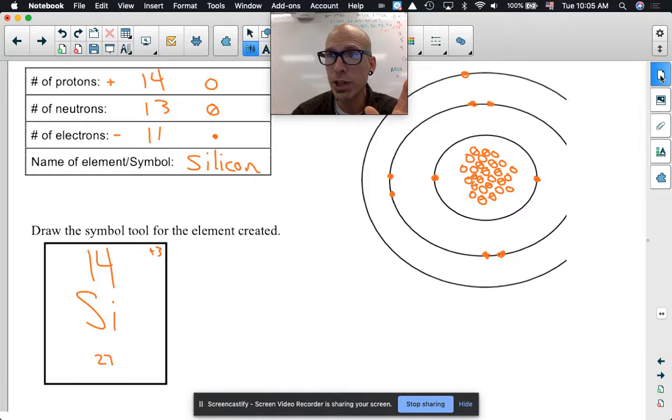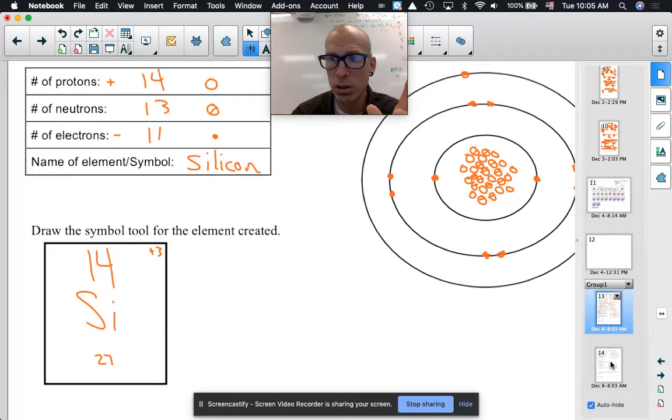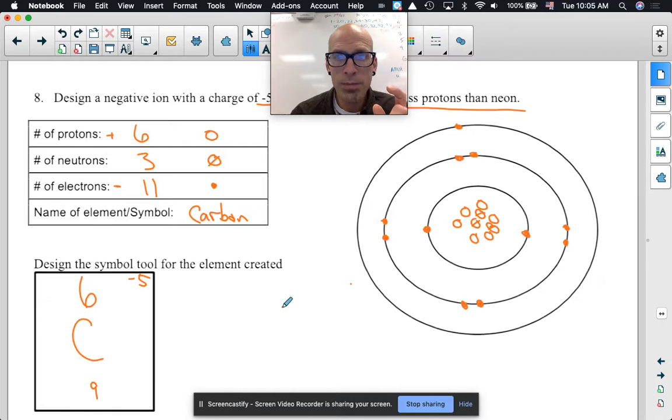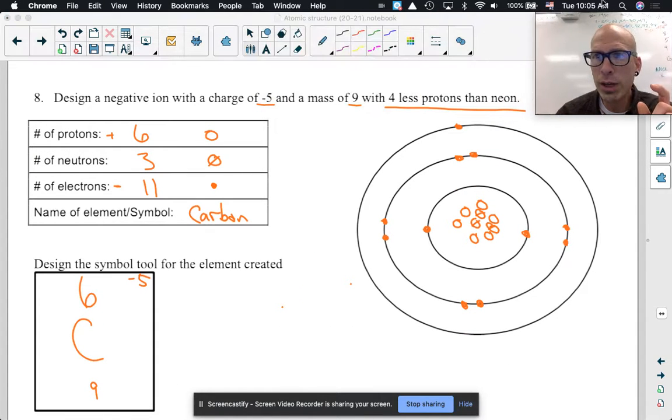That's the first page. And the second page of the review, we have another one of these examples. It has to be the element that has 4 less protons than neon. Well, neon has 10.